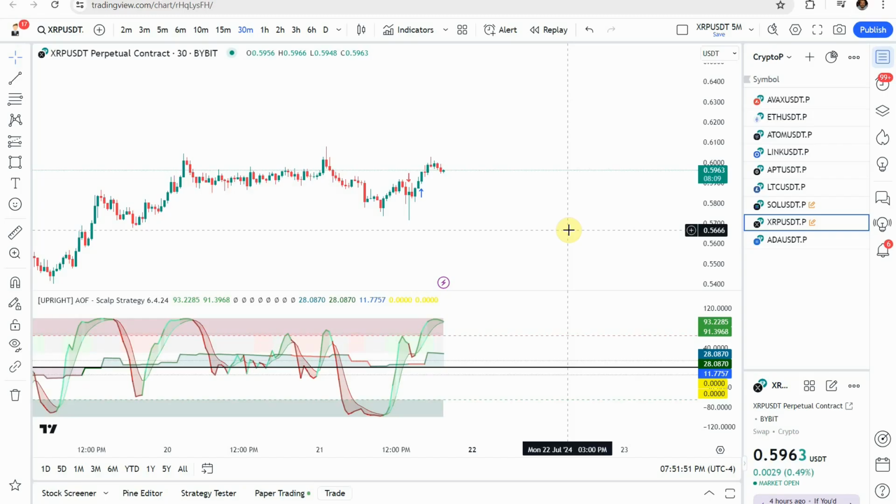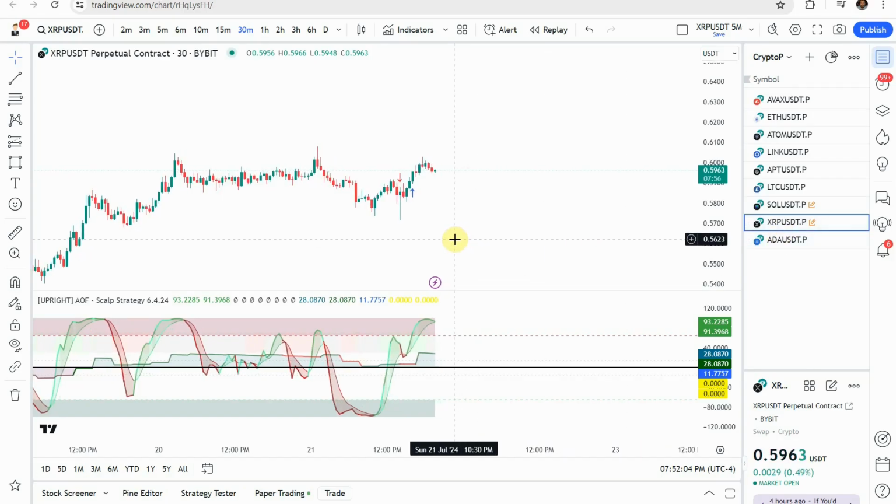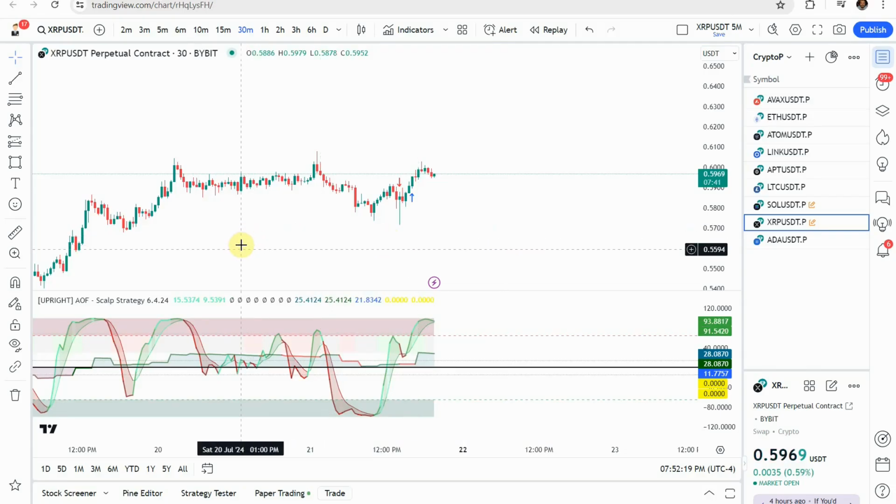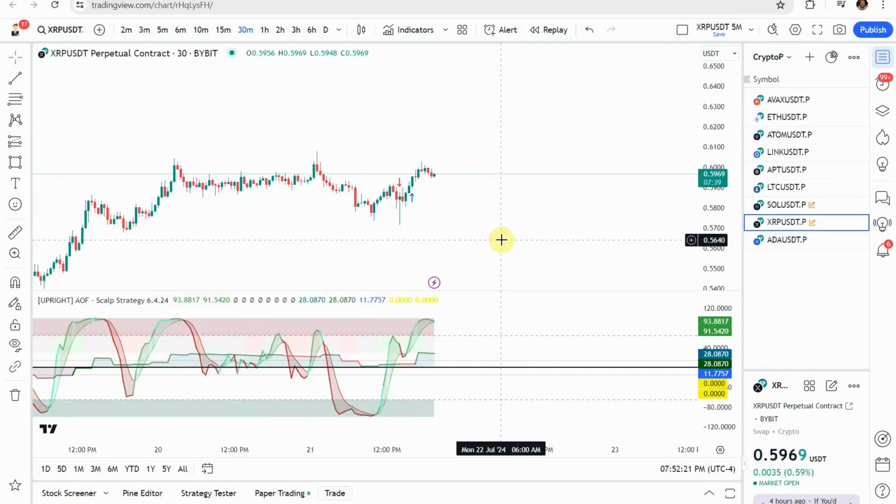Specifically we're going to look at the XRP USD perpetual. Like I said, with these pairs, you can get 25 times leverage, and that's what I based this account value off of. I'm using paper trading, and for the last 2.5 weeks or so, I've been trading this strategy in real time as it gives me signals.